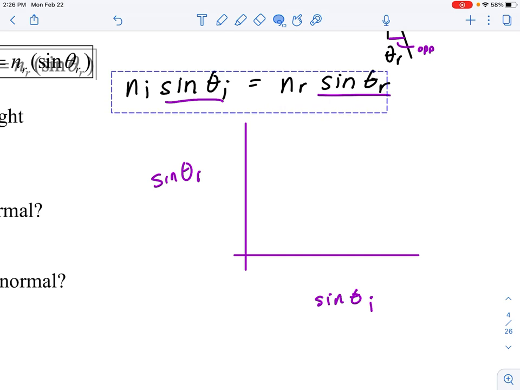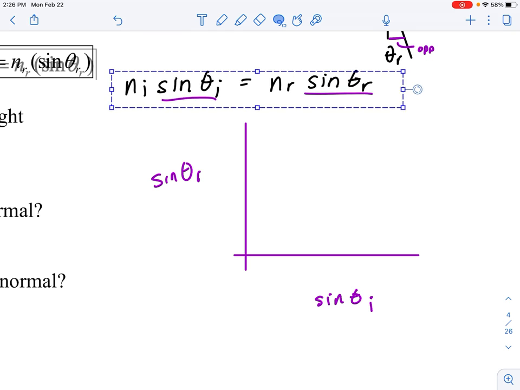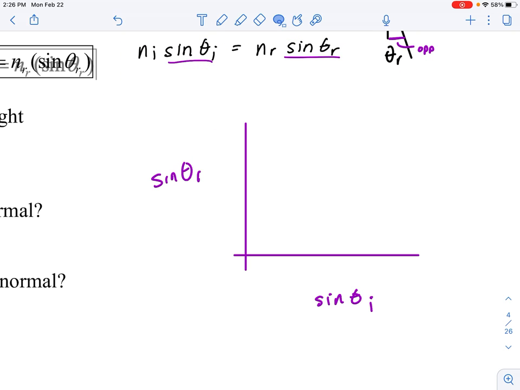So if I take this and think about it in terms of y equals mx, can you figure out what m would equal? I would need to divide both sides by n sub i. So the sine of, oh, this is r, sorry, I'm going backwards. Actually, I would need to divide both sides by n sub r.